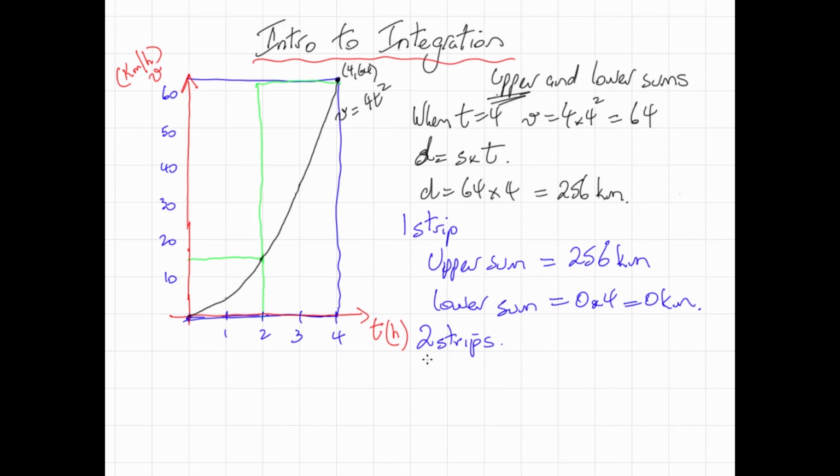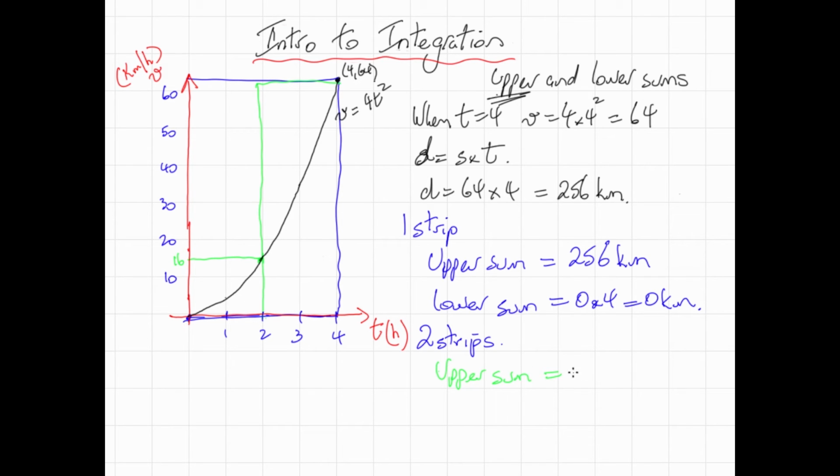So for 2 strips, the upper sum: I travel for 2 hours at that speed. Now that speed would be 4 times 2 squared, so that will be 16.